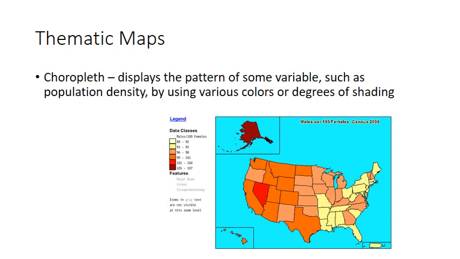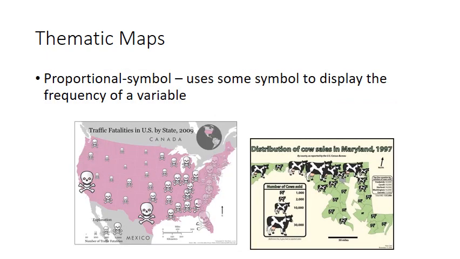A choropleth map displays some variable using various colors or degrees of shading to show the differences in, for example, population density. A proportional symbol map uses the size of the representative symbol to represent the frequency of a variable.